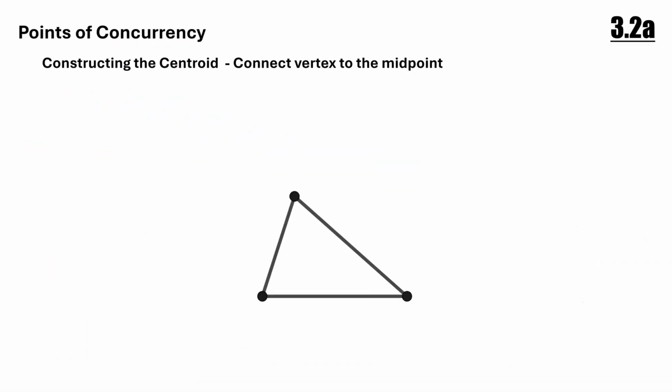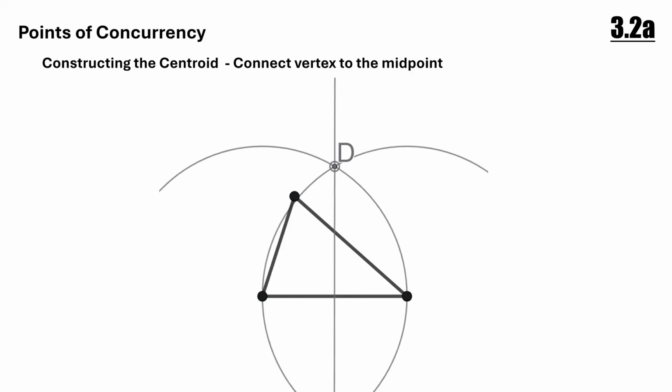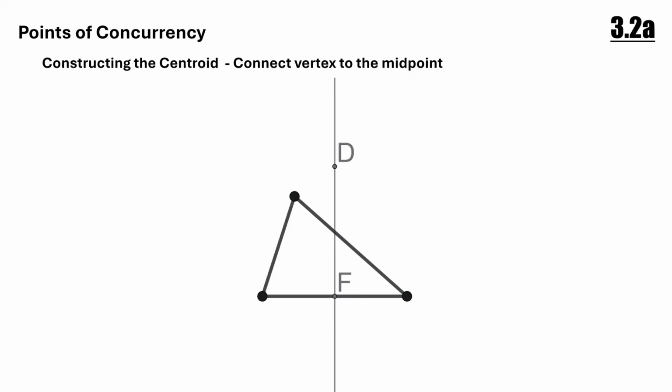The next construction will be finding the centroid. To find the centroid, you will need to find the midpoints of each side of the triangle. To find the midpoint, you can find the perpendicular bisector of each side. Once a perpendicular bisector is constructed, plot points where the line intersects its side.